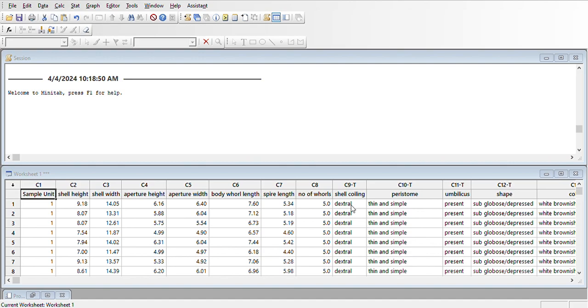You can see that there is no peristome in here, there is no umbilicus here, there is no shape, or the color has not been considered over here. It's all because the shell width and the aperture height are quantitative characters which have been used over here. So we will be taking all those characters.